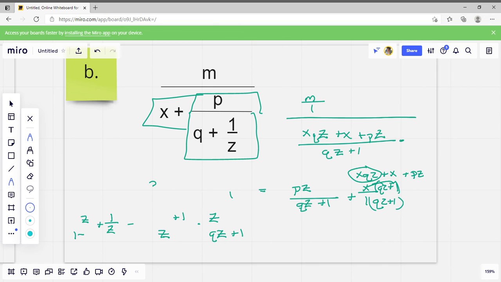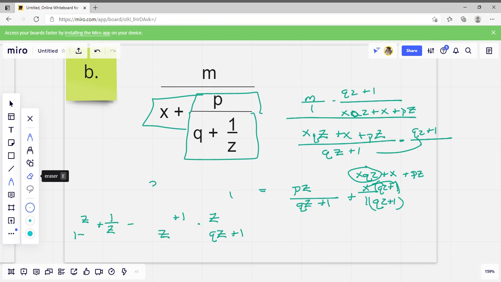And then I'm going to flip all this and multiply. So this QZ plus 1 goes on the top. Okay, so that'll go up here. QZ plus 1. And on the bottom, I'm going to have XQZ plus X plus PZ.